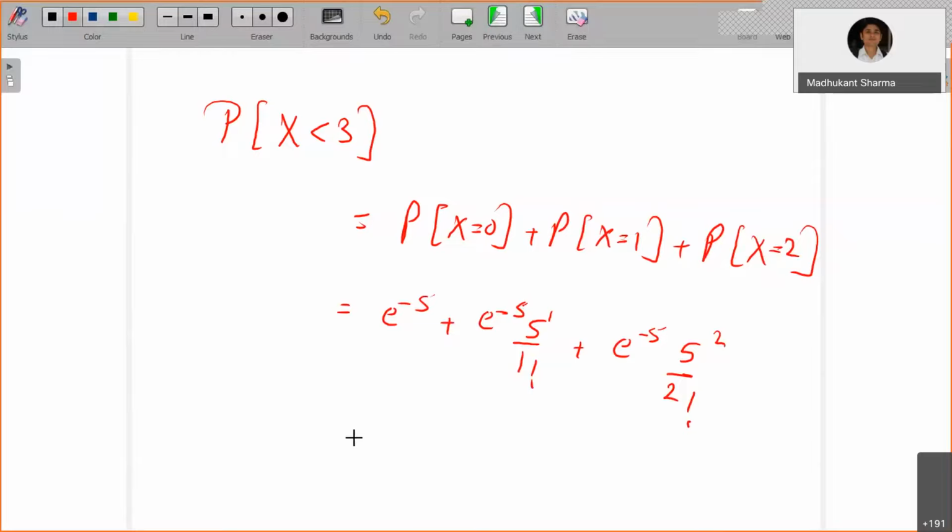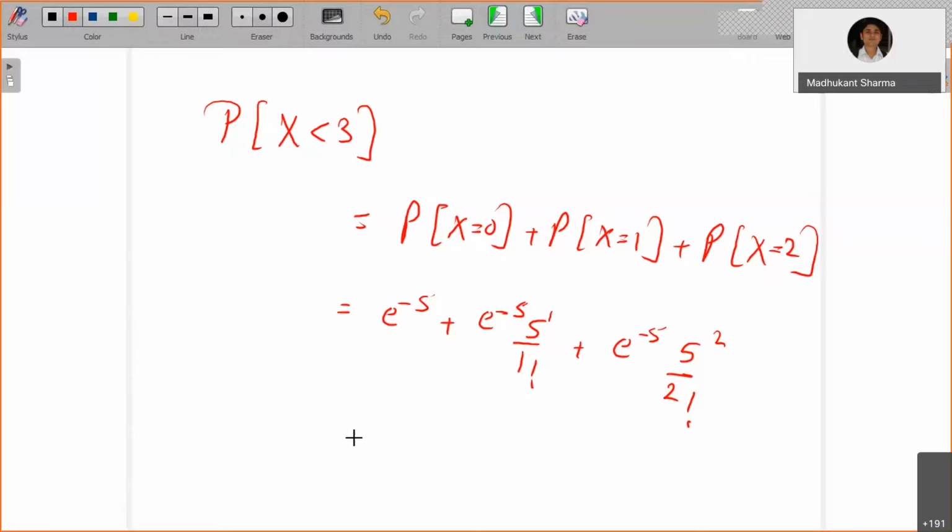Now, I have told you how to establish the fact that the sum of two independent binomial random variables is again a binomial random variable.